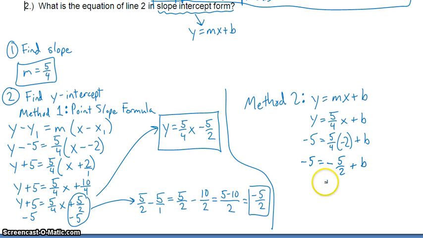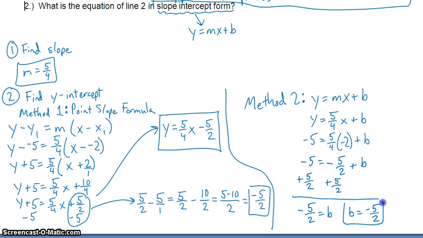To solve for b, I now need to add 5 halves to both sides. What is negative 5 plus 5 halves? Well, I've already done that math here too. I have 5 halves minus 5, which is the same as negative 5 plus 5 halves. Negative 5 plus 5 halves is negative 5 halves. So b is negative 5 halves.